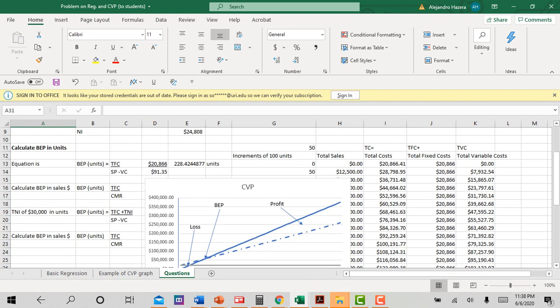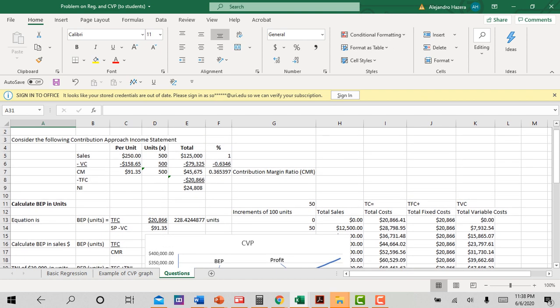Let's say that you wanted to increase your advertising expenses by $5,000.